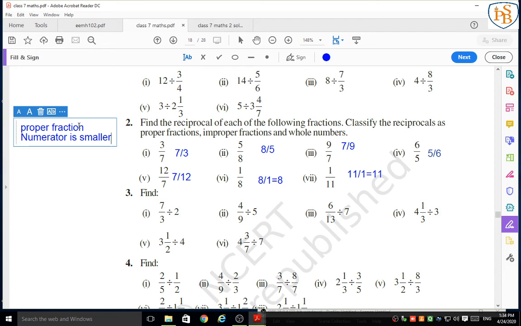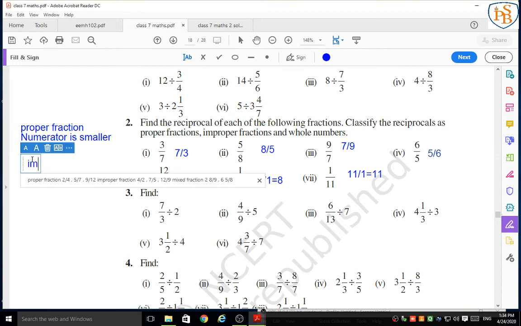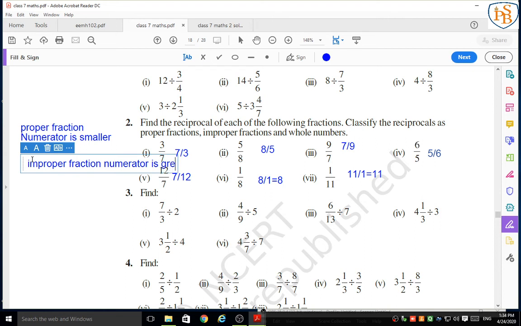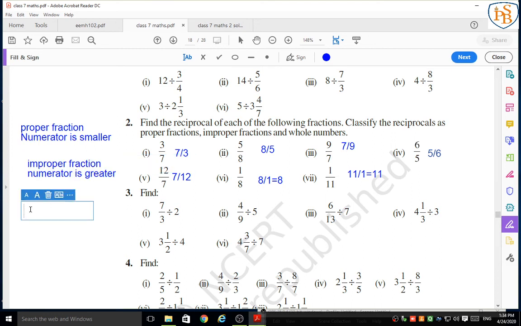Are you able to recall all this? Okay, very good. Now what about the improper fraction? Here the numerator is greater. Look at here carefully while you are writing. Okay, numerator is greater. Now what about the whole number? How can we identify a whole number?